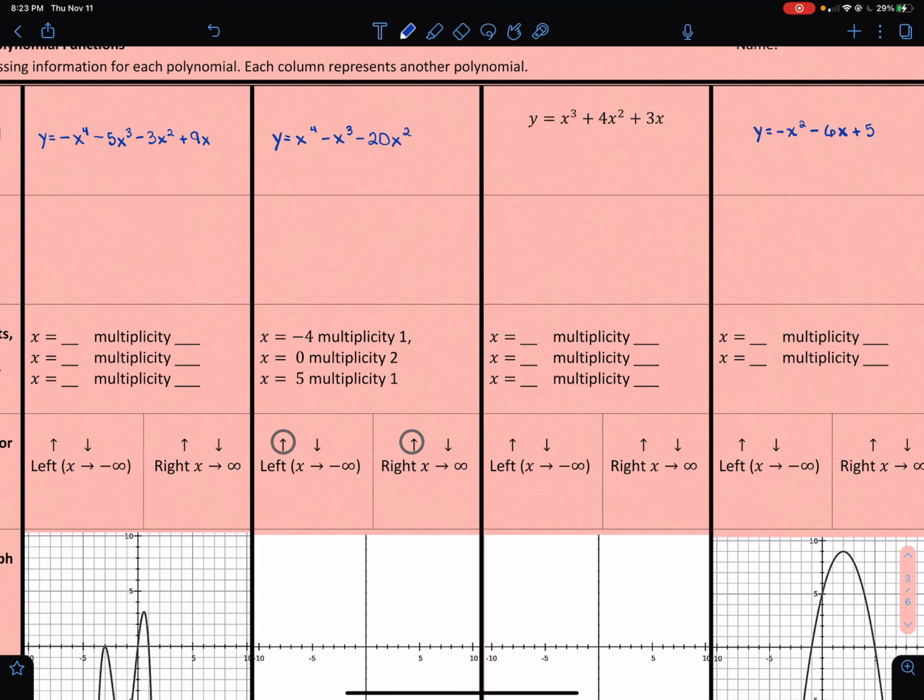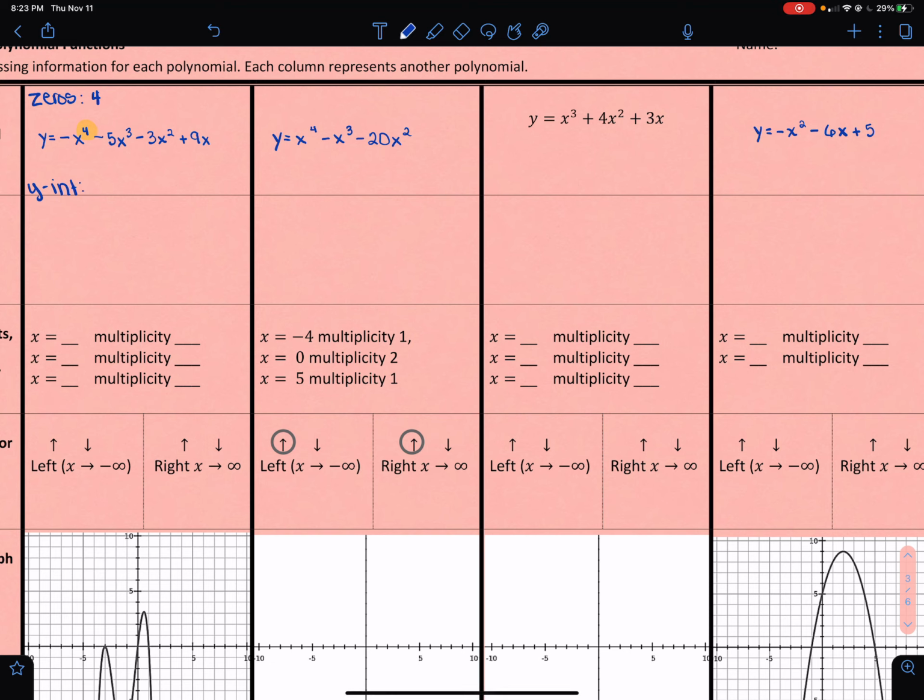Okay, so the first thing I want to do is identify the number of zeros. Well, again, looking at the degree, the highest degree is 4. So the number of zeros, or the number of x-intercepts, we're going to have is 4. Okay. The y-intercept, where will it cross the y-axis?